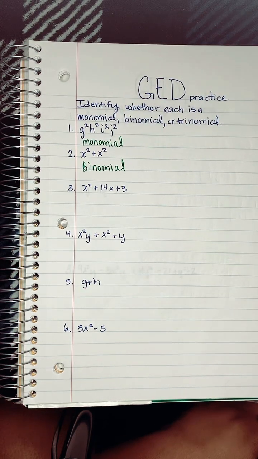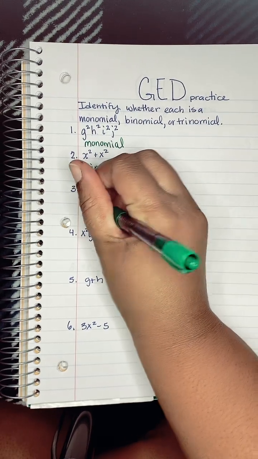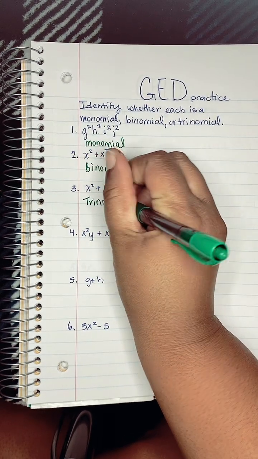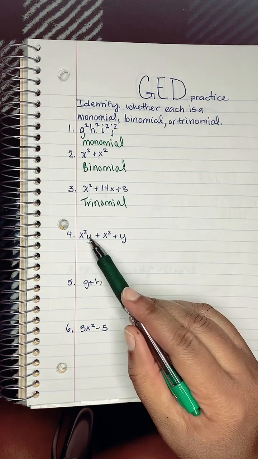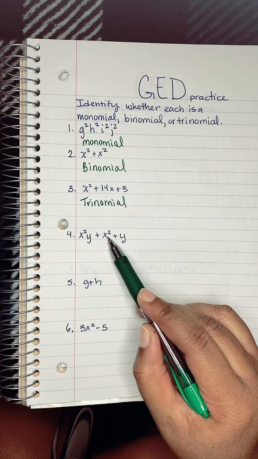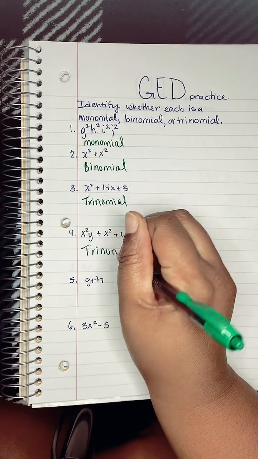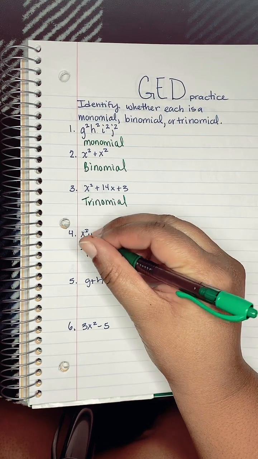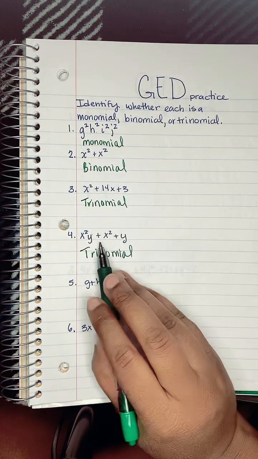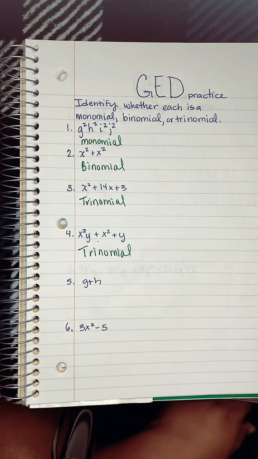Yes, good. 1, 2, 3. It's 3 terms, and it's a trinomial. Yes, good. So number 4, we have 1, 2, 3. So it's a trinomial again. Don't let this XY fool you. That's one monomial together, okay? The terms can only be separated through addition or subtraction.